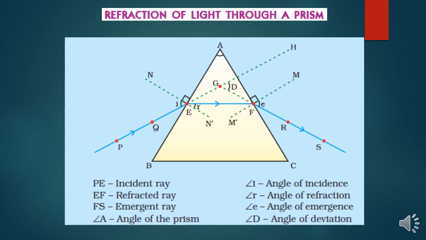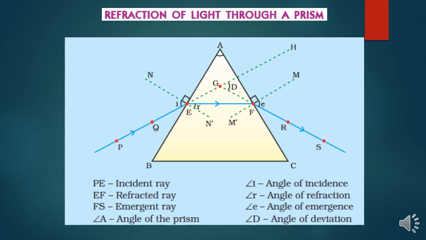Now, as I said, if this incident ray had gone straight through, it would have continued its path PQGH, but instead it got refracted and its direction changed. The change in direction is represented by angle D in your diagram, which is known as the angle of deviation.